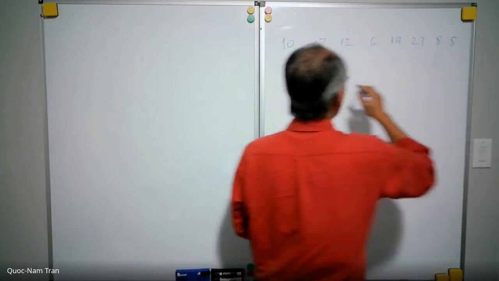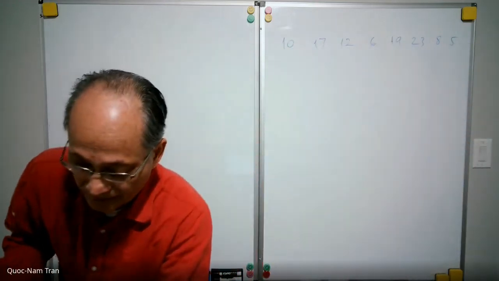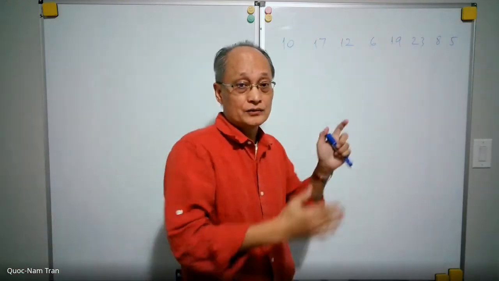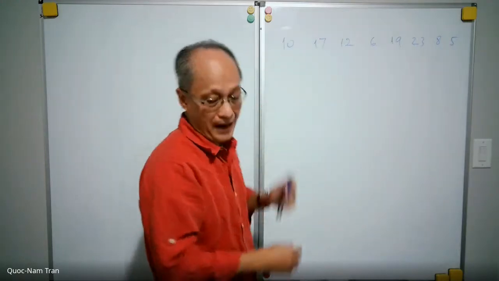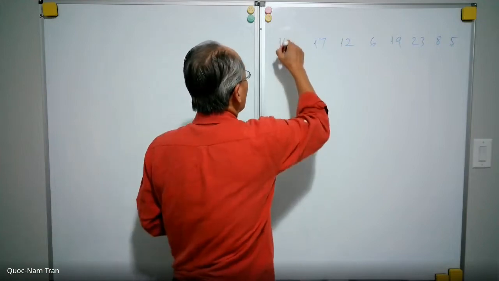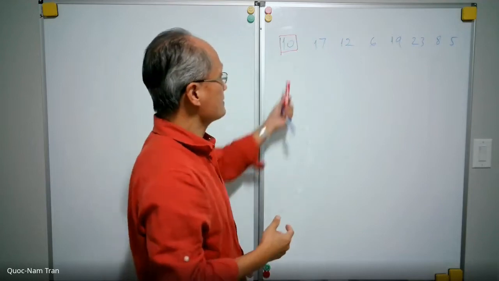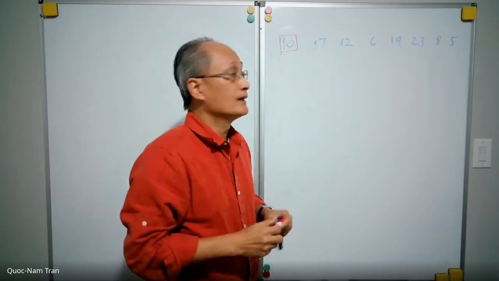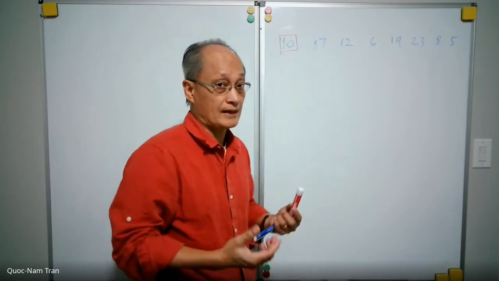Okay, so we want to sort this list of numbers, and first we will try to partition this list into two parts by first choosing a pivot value. Here's the pivot value. It's very simple. In this example, I just choose the first element as the pivot element. Can I choose any other values as the pivot? That's fine.